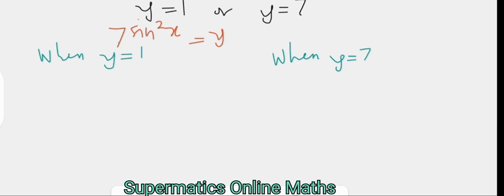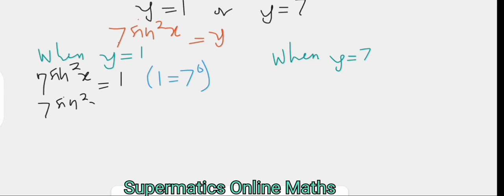When y is 1, then 7 to the power of sine square x is 1, and note that 1 can be expressed as 7 to the power of 0, so that 7 to the power of sine square x is 7 to the power of 0.